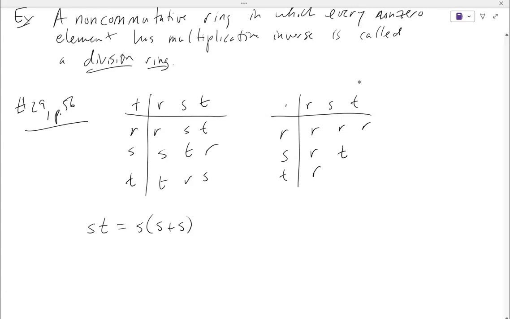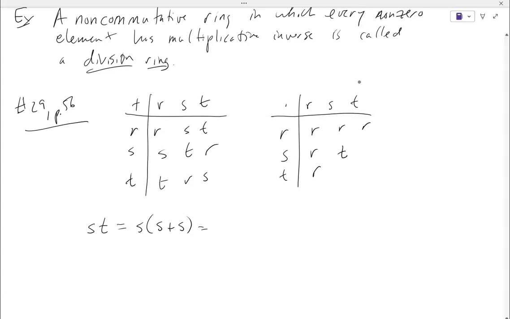Now we've done tricks like this back in linear. Remember when we were showing that 0 times anything was 0? We wrote 0 as 0 plus 0. It's kind of that same idea, right? We're going to rewrite an element that we don't know something about as a sum of elements that we do know something about, and then distribute. Okay. So what do we get now if I have S times S plus S?